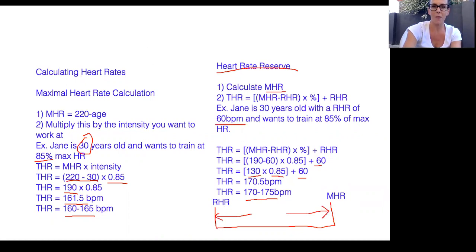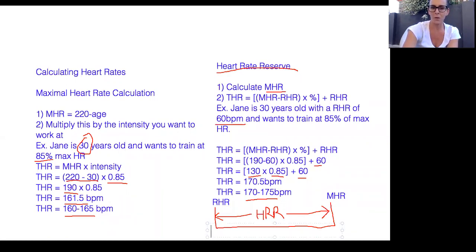So the resting heart rate, sorry, just go back here. And this is what we call your heart rate reserve. So it is basically the difference between the slowest beat you have, or your resting heart rate, versus your fastest or your highest beat. I'm not sure if I'm explaining this very well.